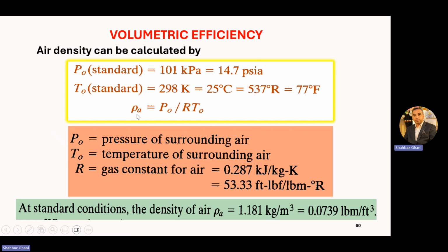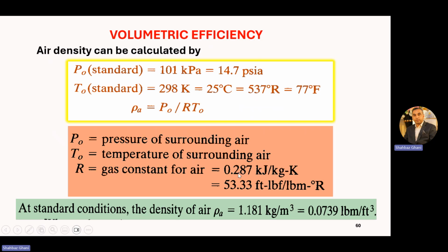From the formula, density of air is equal to pressure divided by R times T naught, where T naught is the temperature of the surrounding air at atmospheric conditions, and R is the gas constant for air.